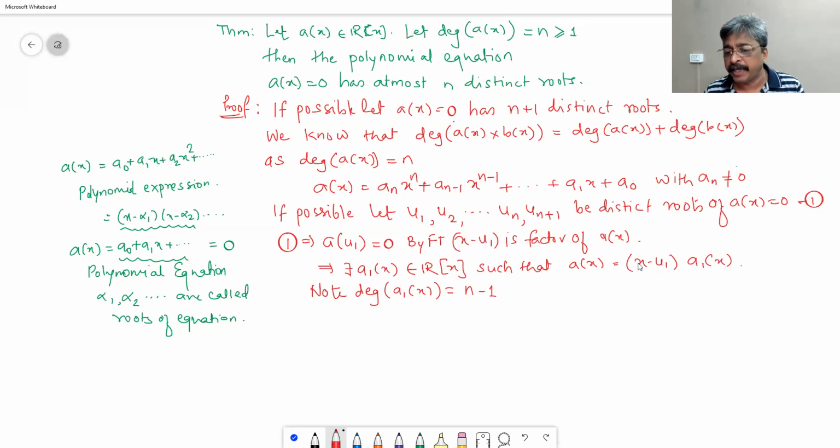Why? Because you have taken one linear factor out of a(x) whose degree was n. Therefore the degree of a1(x) is n minus 1.